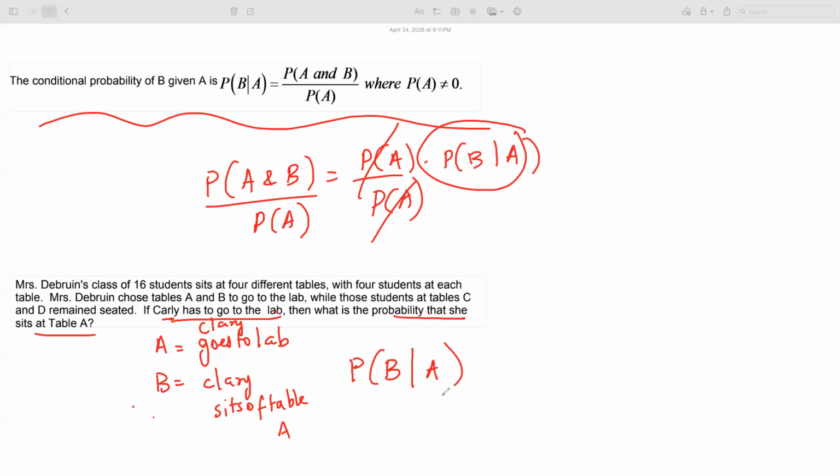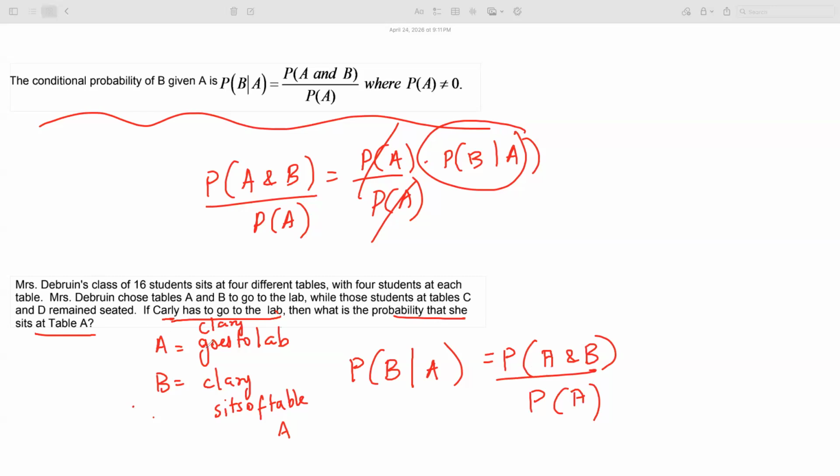See, you got it? This is what is asked. So how do you do that? Probability of A and B divided by probability of A. Does it make sense?